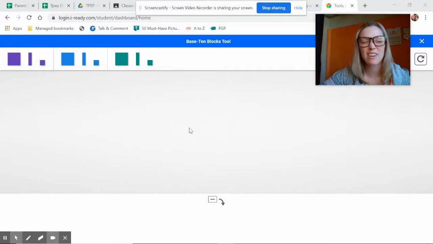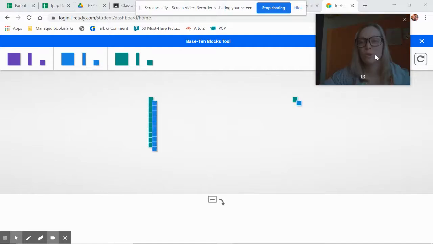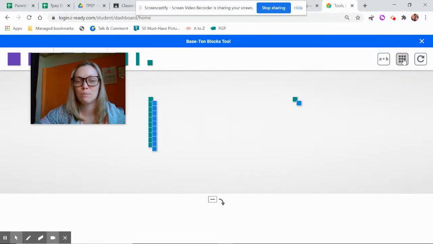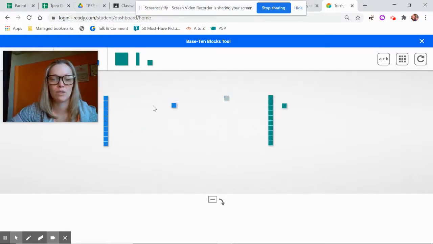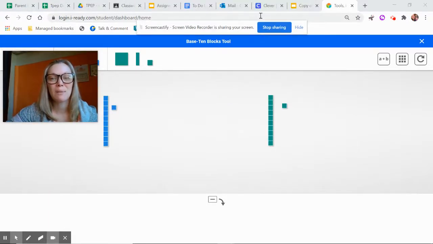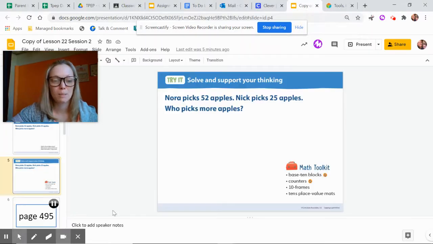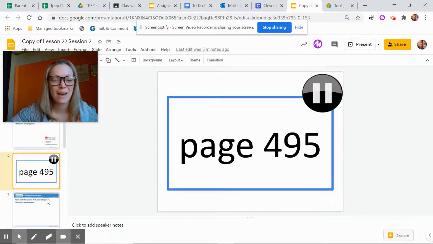But you could go on here and use this tool as well. Remember, you can click on these, and these build numbers for you. And you can also click this button to organize them in a nice way. Now, if you want them organized by color, you might have to do that yourself. So use that tool and come back to check your work. So go ahead and press pause now, and then come back and check your work.